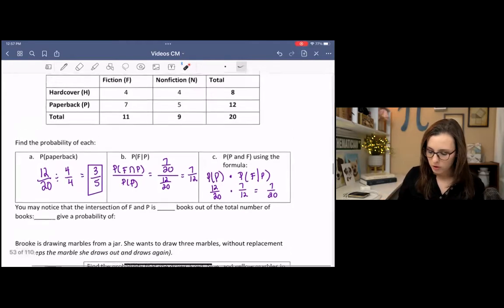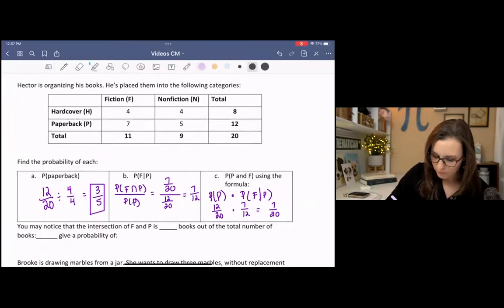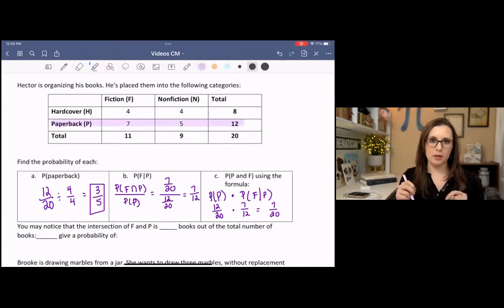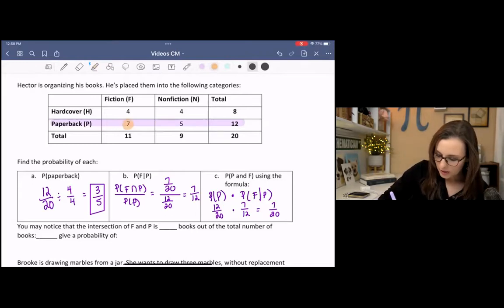So if I'm trying to find fiction given that it's a paperback, then that means I am focusing on paperback as my universal set. It's not really the universal set, but for the sake of this problem, we're going to consider it the universal set. And I'm trying to find the probability that it is fiction within that.